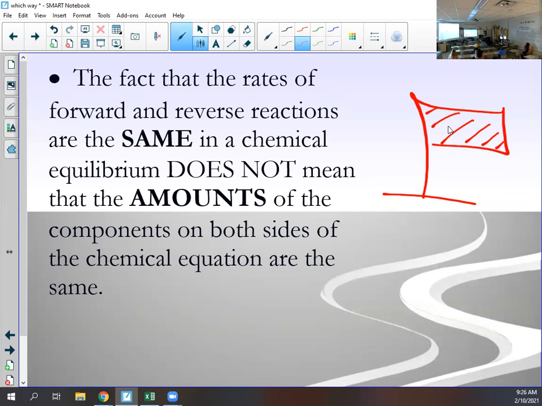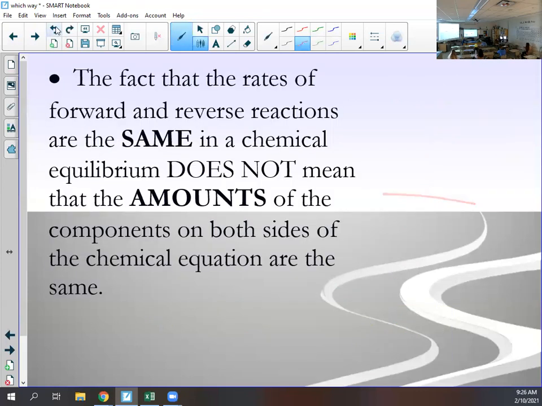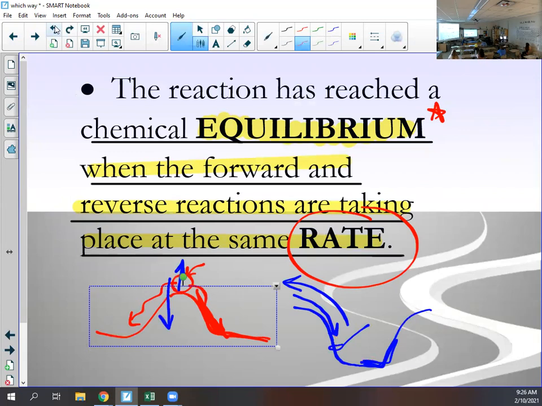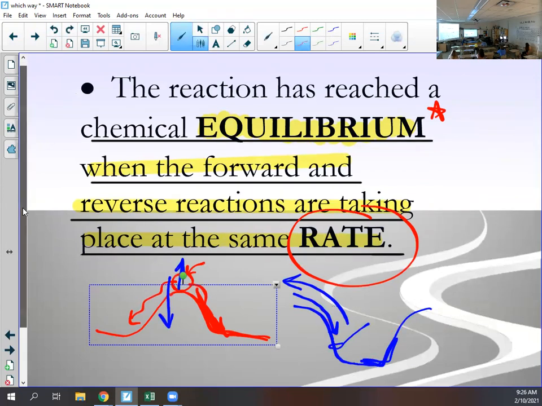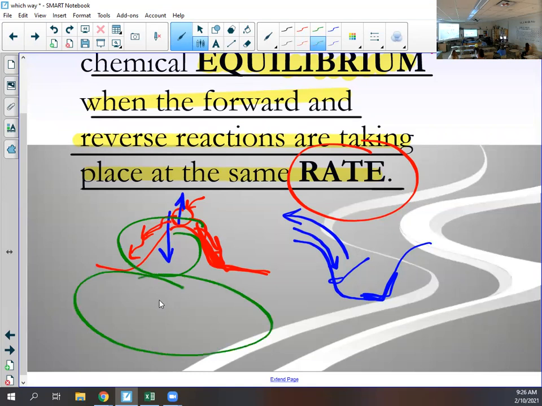Okay, so what on earth does that mean? Well, I could go back to my sand here. If I were to dump this sand on and I both added and it went away at the same time, that doesn't mean I have the same amount of sand in my pile as I do my beach.